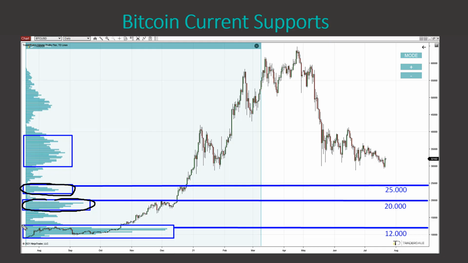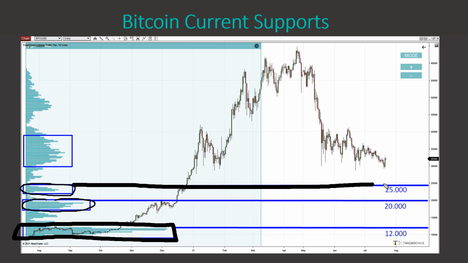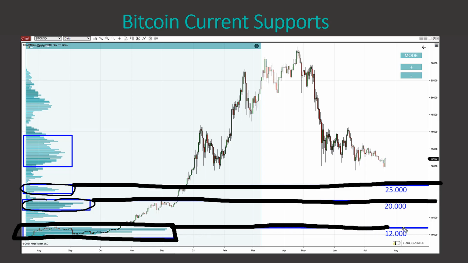Those three, and most importantly, this one. So currently the strong volume-based supports on Bitcoin are in here around 25k, then 20k, and then 12k. This is the strongest one. If Bitcoin drops there, then I think that this will be a very nice buying opportunity.